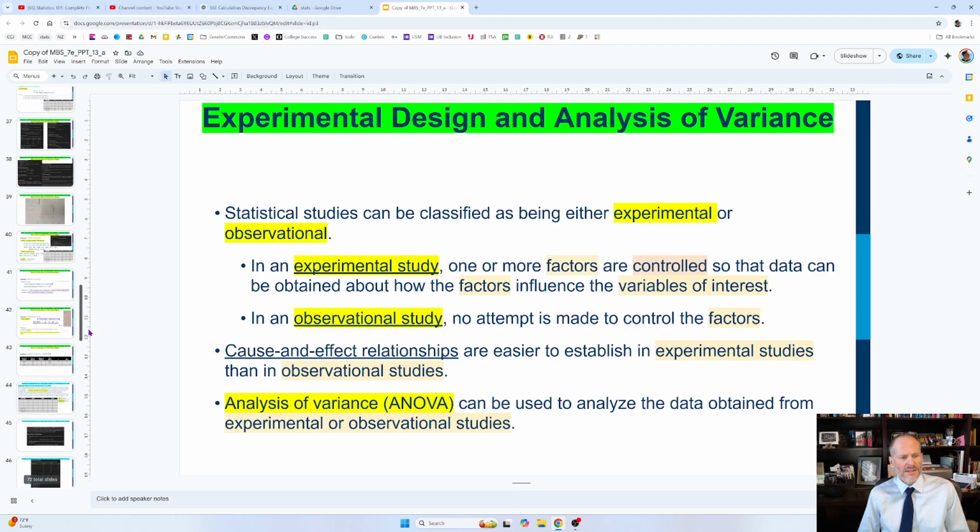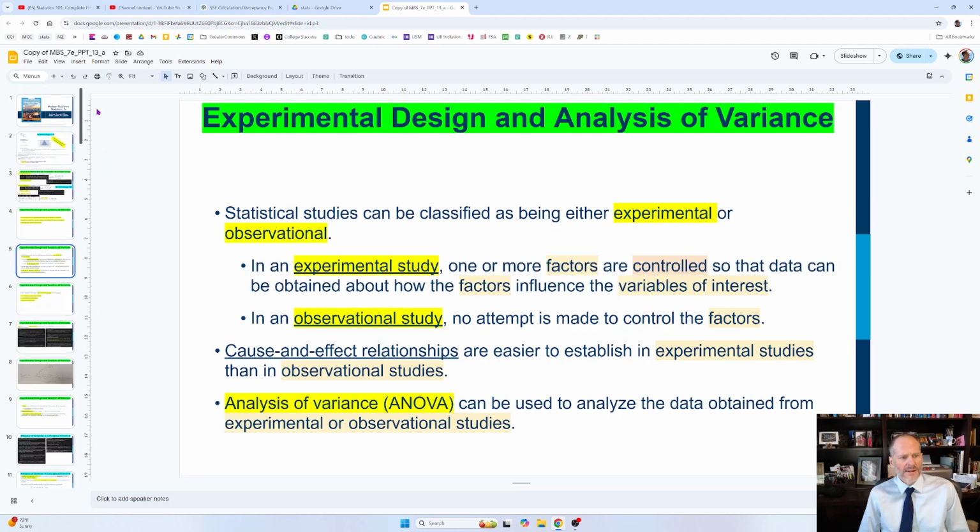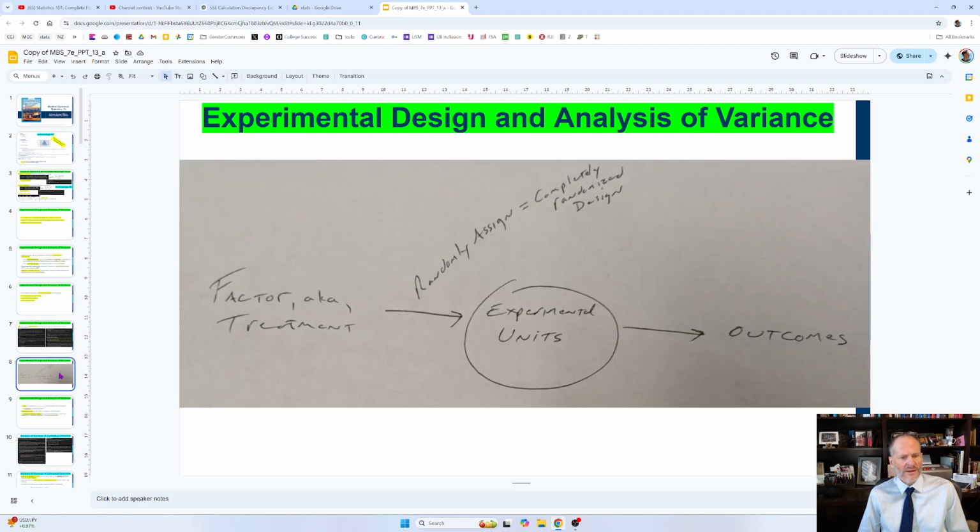So we're going to explore that just a little bit here right in the beginning. And we learned about the difference between factor and treatment and experimental units and completely randomized design and outcomes. So you have a factor, which is also known as a treatment. And I think this example coming up actually makes a really nice distinction between a factor and a treatment.